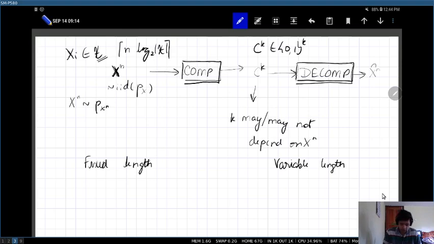It consists of k bits, and where this k is hopefully less than n times log size of X. But the parameter k can depend on n, it can depend on script X, it can depend on p_X, but in general it could also depend on the file itself, on the realization x^n.